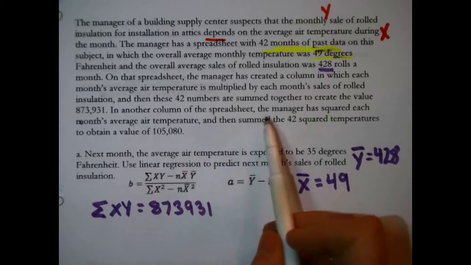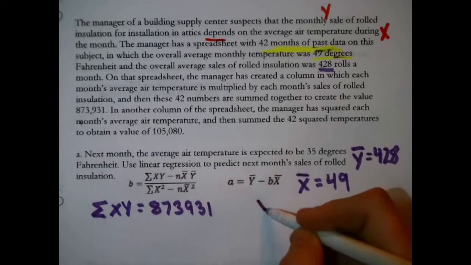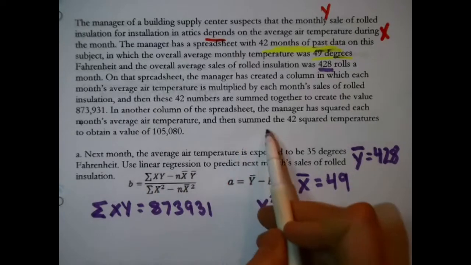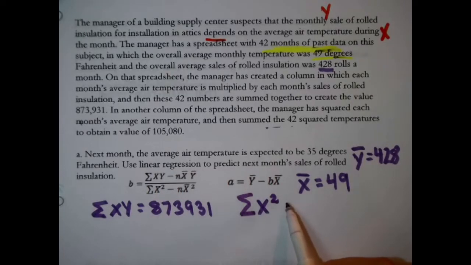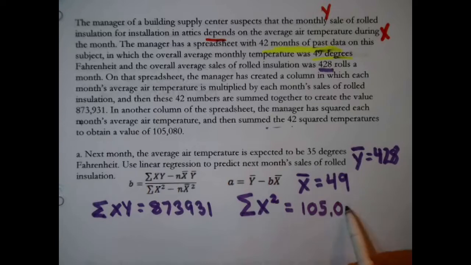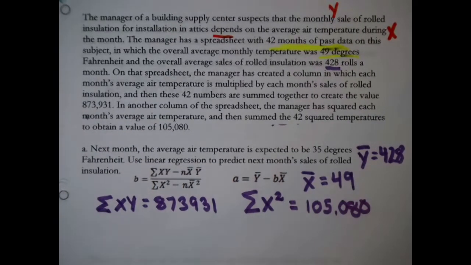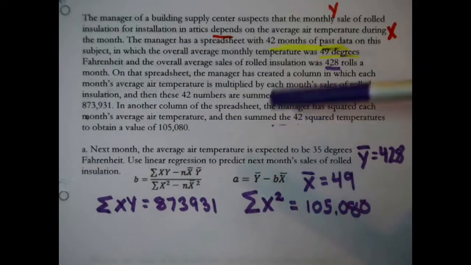In another column in the spreadsheet, the manager has squared each month's average air temperature and then summed the 42 readings together, sigma for sum, and obtained the value of 105,080.